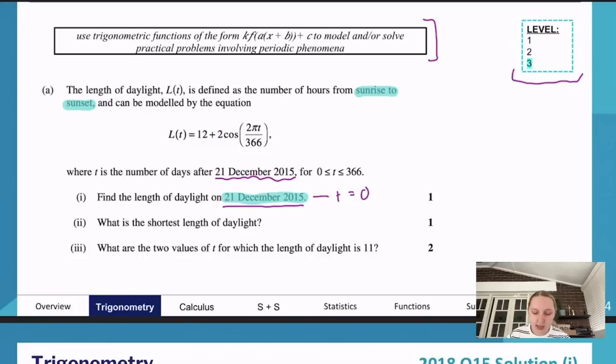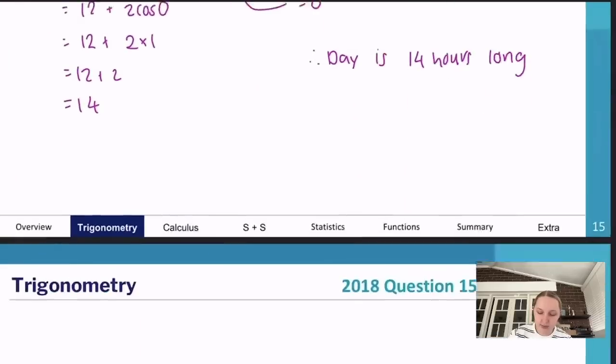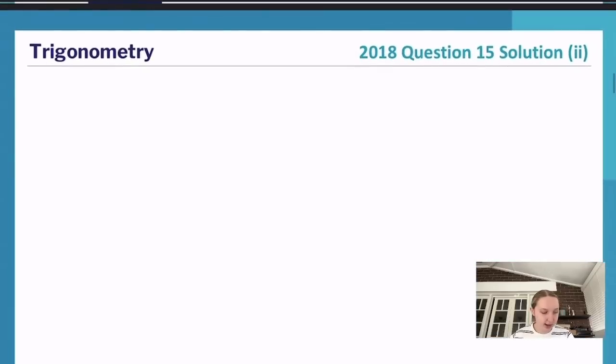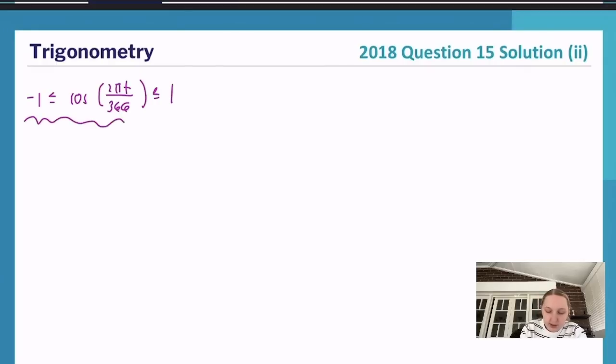But let me erase that. But because we do have 2, we need to be thinking about how that's going to impact our amplitude, right? So if we just had this without the 2, this is how we would be looking at finding the shortest length of daylight, because our shortest length of daylight is going to happen at the lowest point on our graph, right? So if we didn't have that 2, this is what we would be looking at.